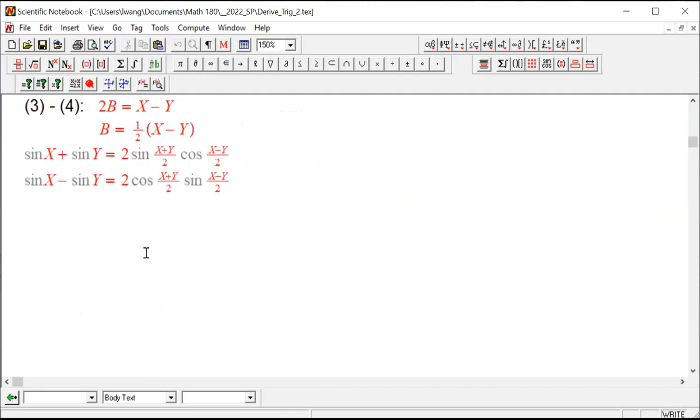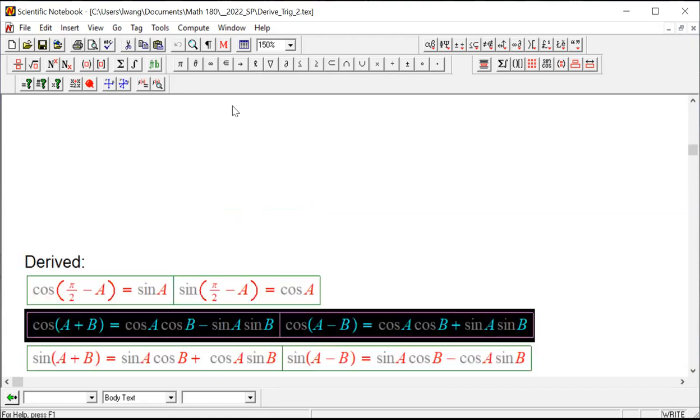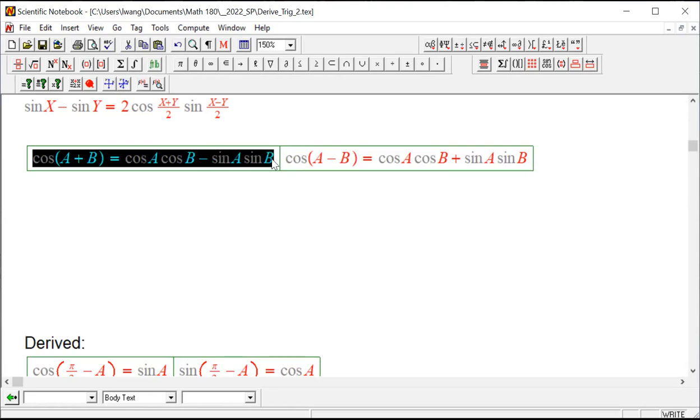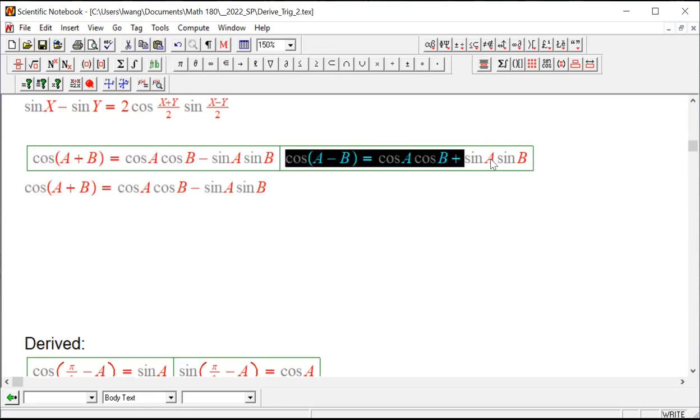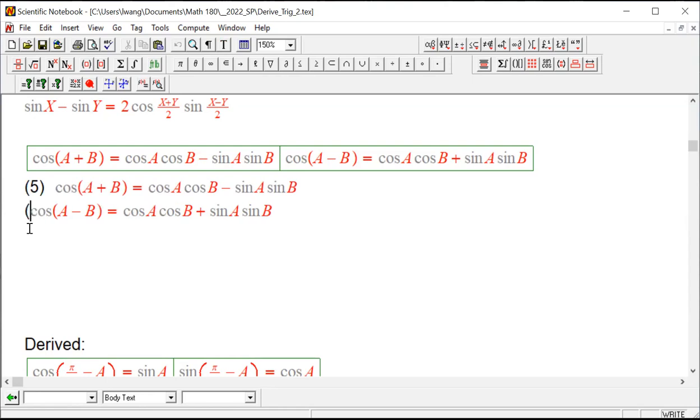Next we take our cosine pieces and give these identities names: this is number 5 and this is number 6.